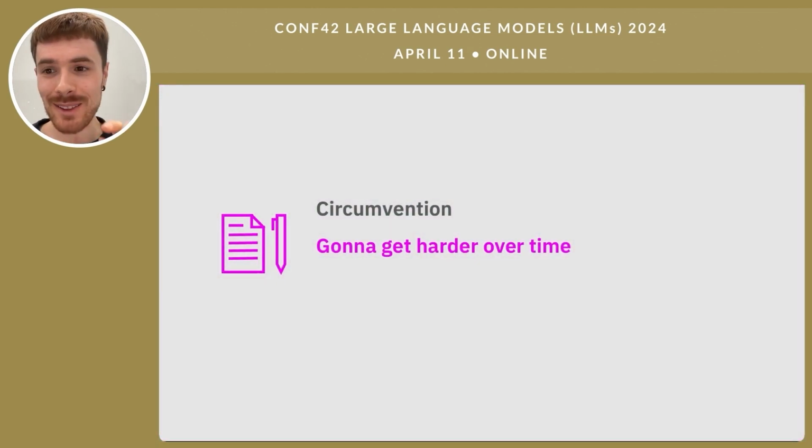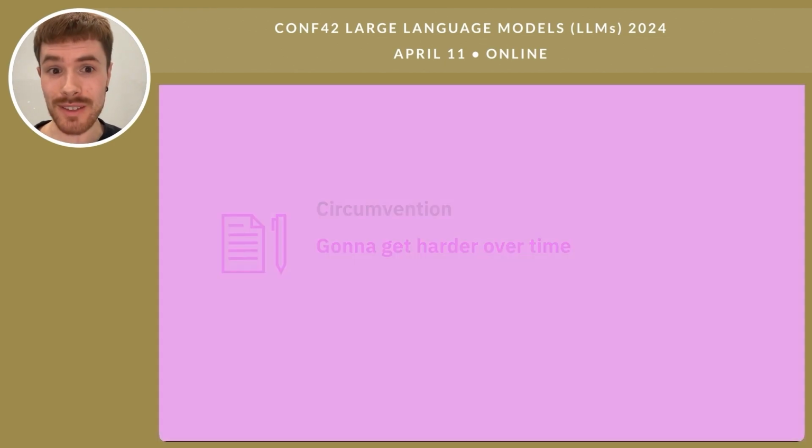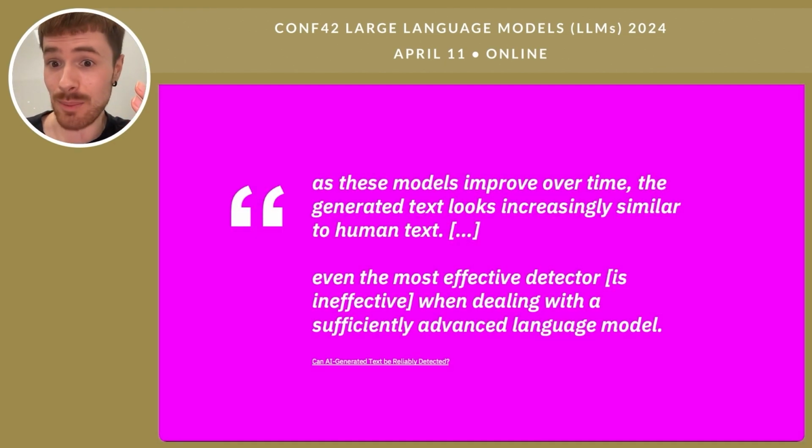Having said that, I'd love to have a final note on the fact that it's going to get harder to detect this text over time. What I mean by that is that as these models improve over time, the text will look, well, more human and more human-like all the time. So it's going to be much harder to detect.